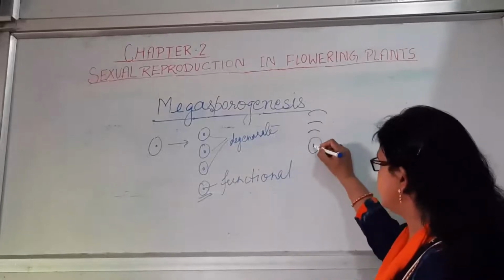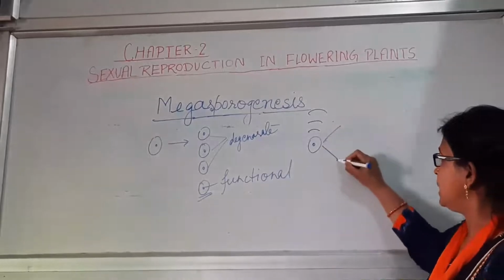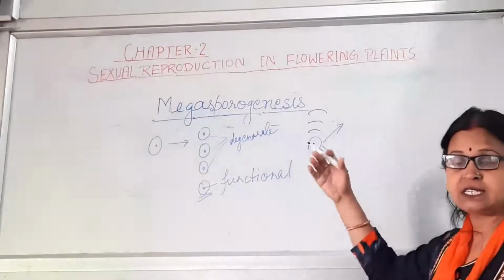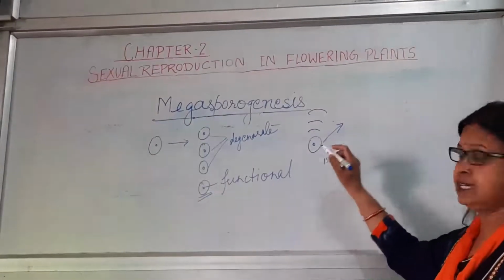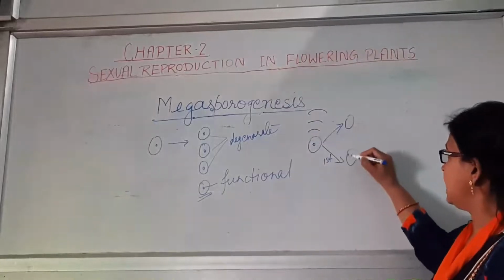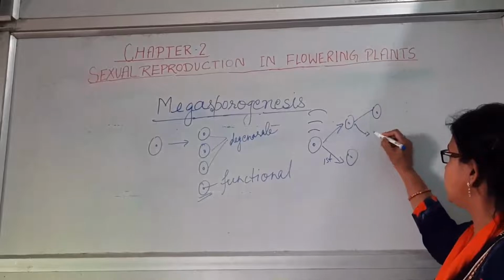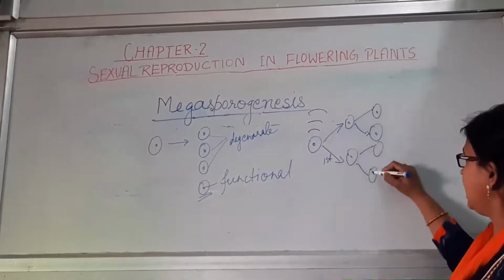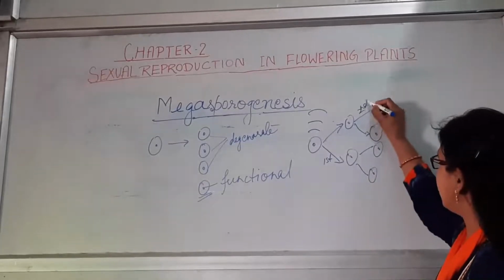Three have already degenerated. Now this functional one will undergo 3 successive divisions, one just after another. After the first mitotic division, it will give rise to 2 cells. Then these 2 cells undergo the second mitotic division, and it will give rise to 4, and then the third mitotic division.